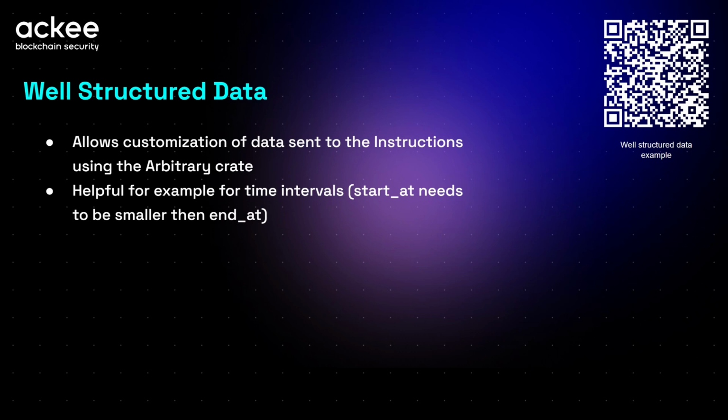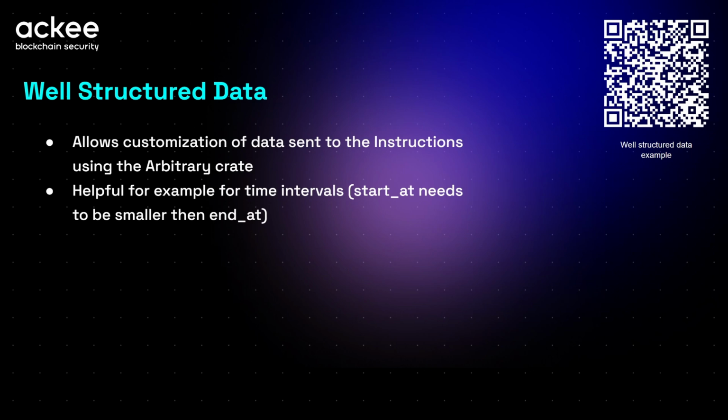That means even though the Honggfuzz, or the underlying fuzzing engine, will generate completely random data, Trident will only accept data where the first parameter is lower than the second parameter. This can be particularly helpful, for example, for time intervals. So start at, which is the first parameter, needs to be smaller than end at, which is the second parameter. This is just an example.